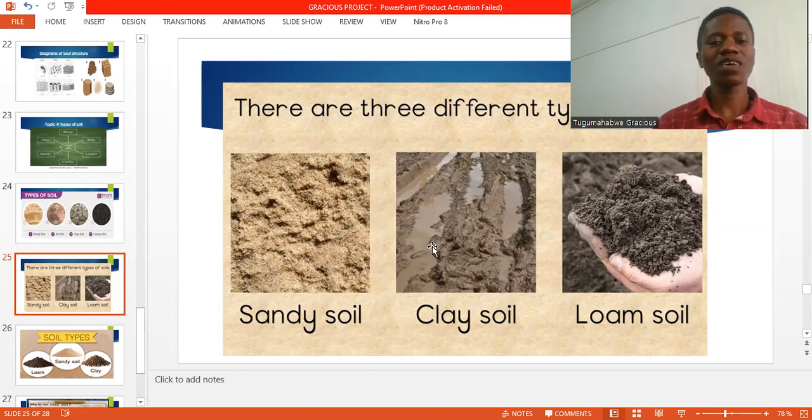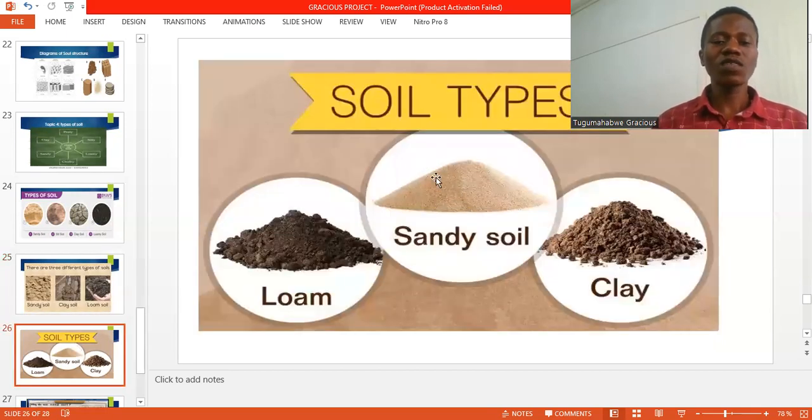just like I've not created a video, but I can bring a real area of this and they feel it, they touch different soil types so that for them to understand how for them to know how sand soil looks like, how it feels, how clay soil looks like, how it feels, and loam soil respectively. So we have also these pictures showing different types of soil, loam soil, sand soil, and clay soil.